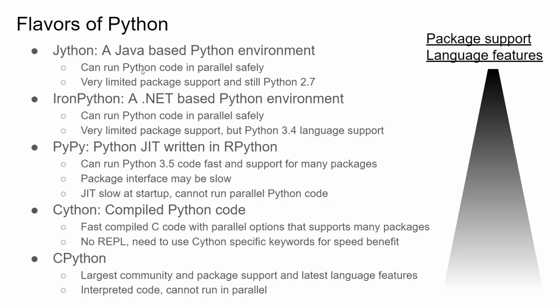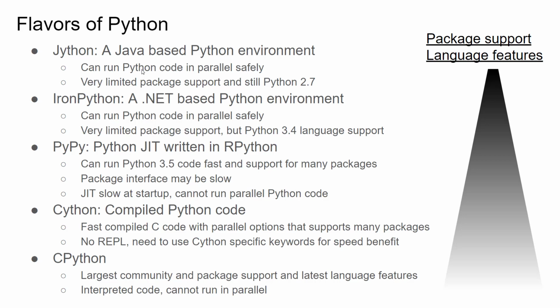One of Python's great strengths is reaching out to a large community of packages, and so with a slow interface, that can be problematic. Also, the JIT is slow at startup, and it can't run parallel Python code like Jython and IronPython.